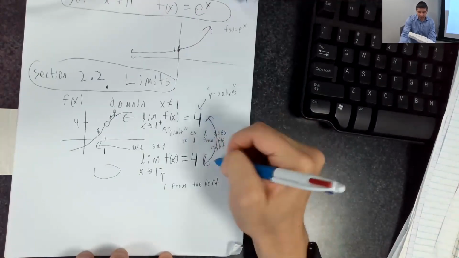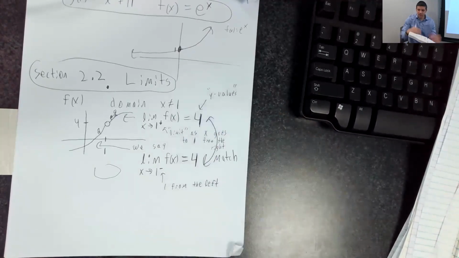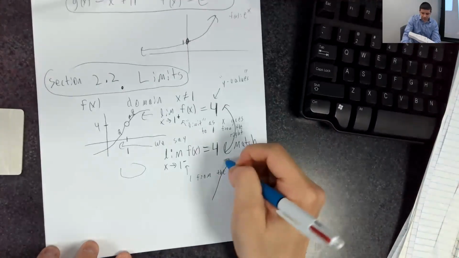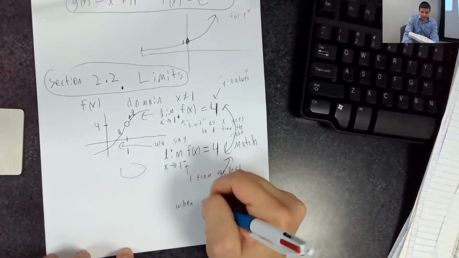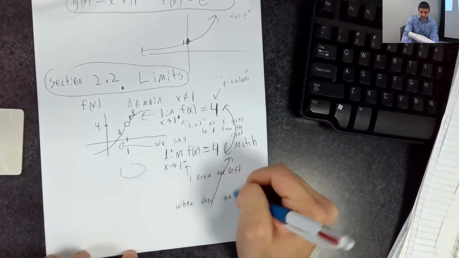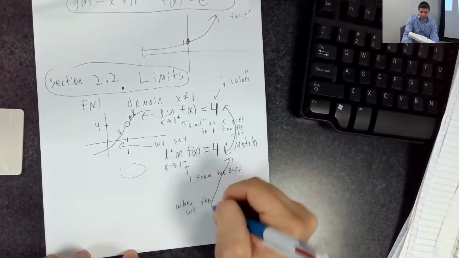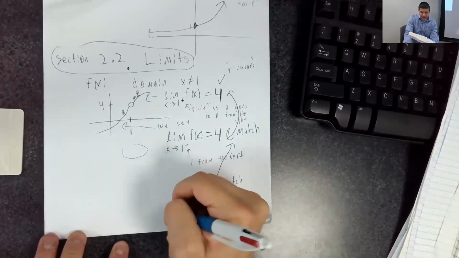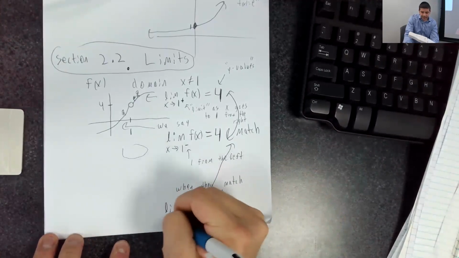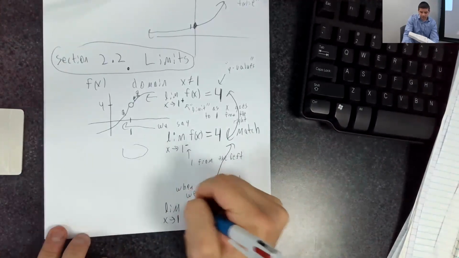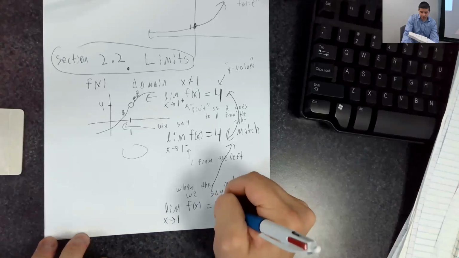They don't always have to, but they match. So when the left and the right match, we say that the actual limit as x goes to 1 of f of x is equal to 4.